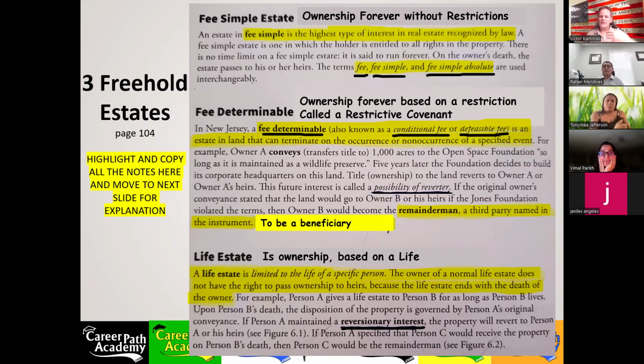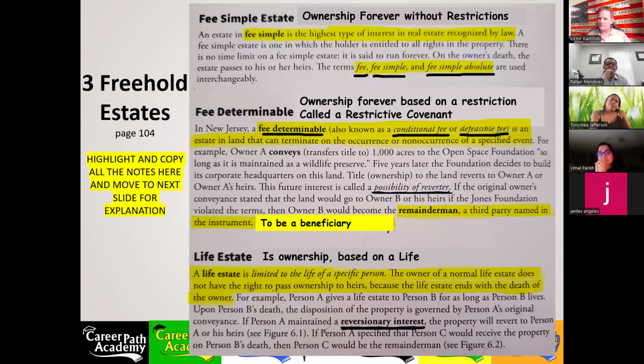Because if I give you a life estate, I'm giving you ownership of my real estate for as long as you're alive. Sure, you could have kids and raise your kids at that house and everything. You just can't leave them the house in your will when you die, because you lose the ownership when you die. You don't have ownership forever. That ownership is based on your life.